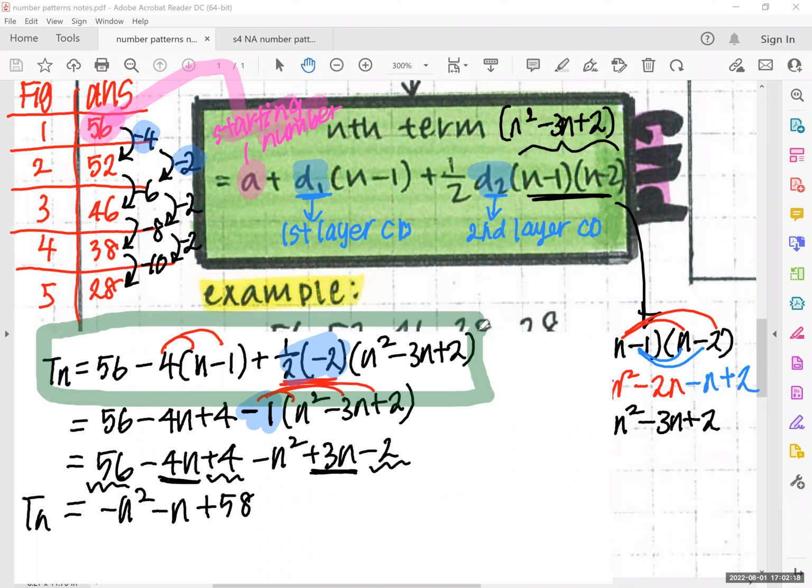Check for your expansion. Check for your positive and negative numbers. Maybe I did it wrongly. Oh, okay, I got it now.